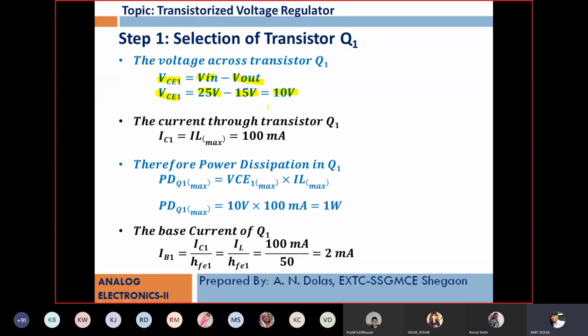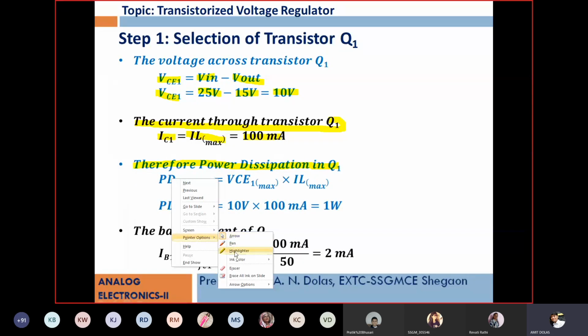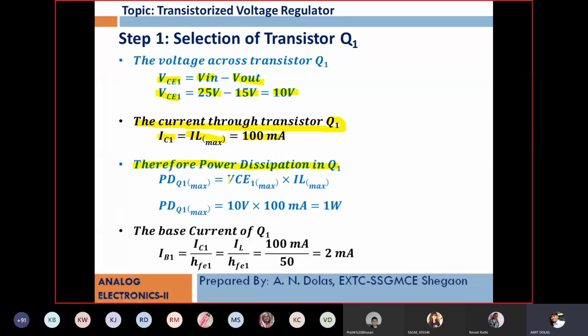So it will be 10 volt. The load current passing through transistor Q1 in the form of IC1 maximum is 100 milliampere. Therefore, the power dissipation in transistor Q1 is VCE1 max, that is 10 volt, multiplied by load current maximum, 100 milliampere. So 10 multiplied by 100 milliampere is 1 watt.